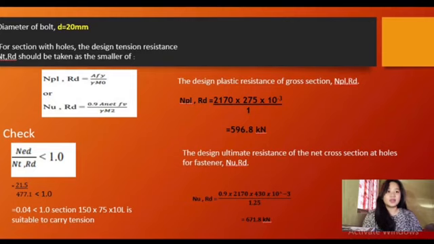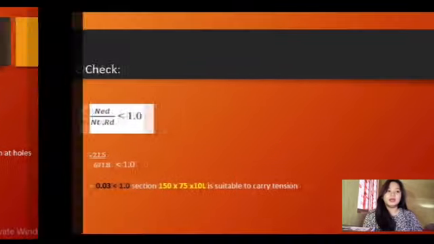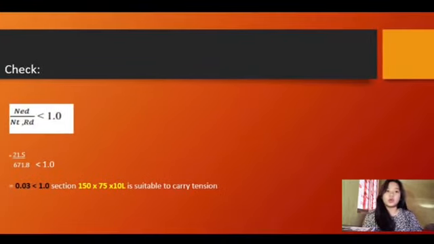Dan untuk design plastic resistance of the cross section, kami dapat 596.8 kN, dan juga pengiraan untuk the design ultimate resistance of the net cross section at holes for fastener, kami dapat nilai 671.8, dan kami cek nilainya juga mesti kurang dari 1.0. So, nilai yang kami dapat ialah 0.03, which mean kurang daripada 1.0. So, section 150 times 75 times 10L is suitable to carry tension.